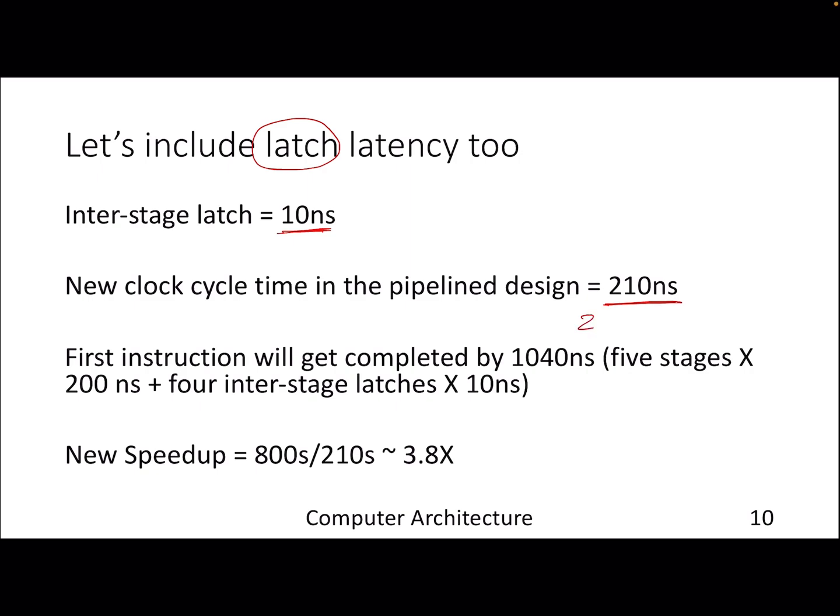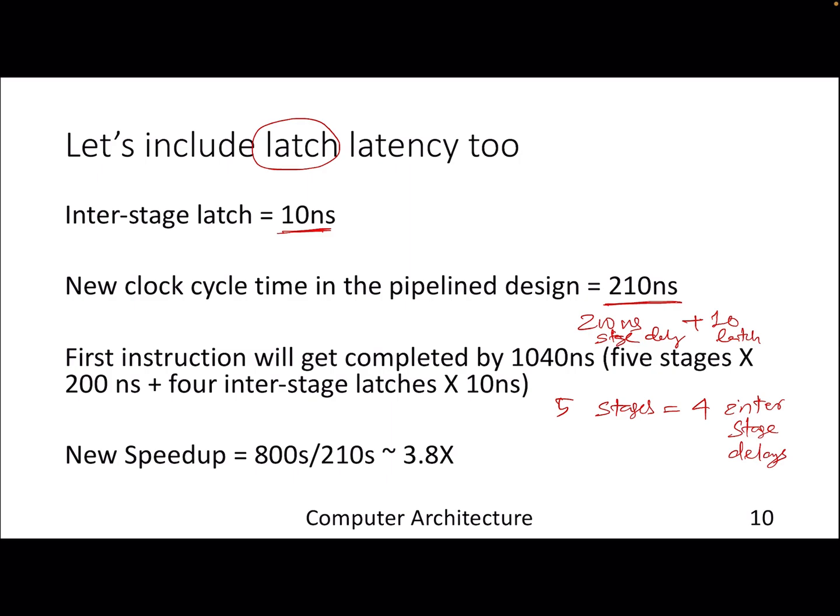Previously 200 nanoseconds was the stage delay, and now we add the latch delay. And overall, how many stages do we have? We have 5 stages, which makes it 4 interstage delays.